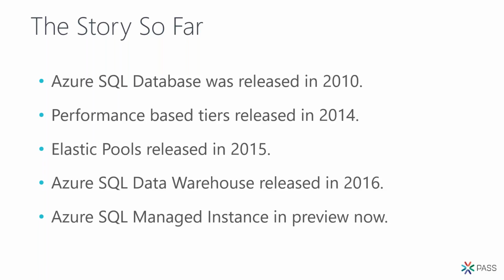Elastic Pools came out in 2015. Then in 2016 we got Azure SQL Data Warehouse, which is the managed offering for really large data warehouses. And now this year, 2018, we have Azure SQL Managed Instance, which is in public preview right now, and it should go to general availability later this year, right?